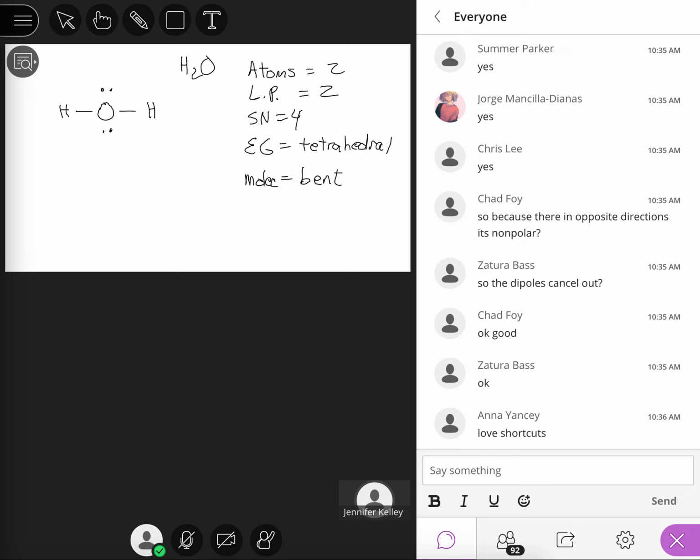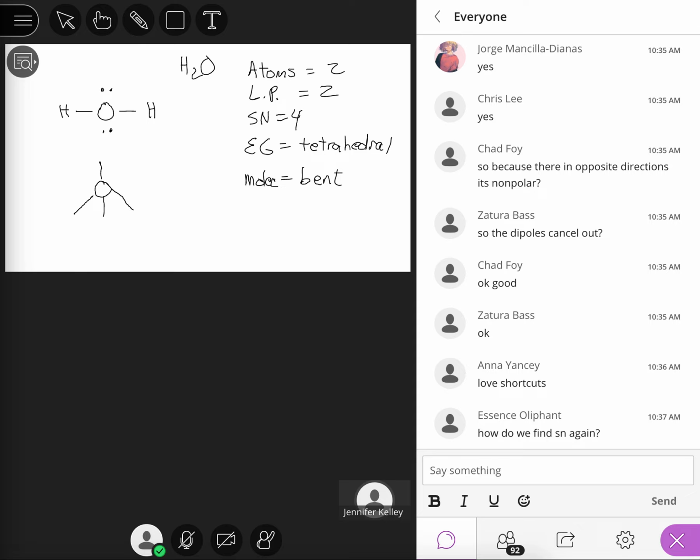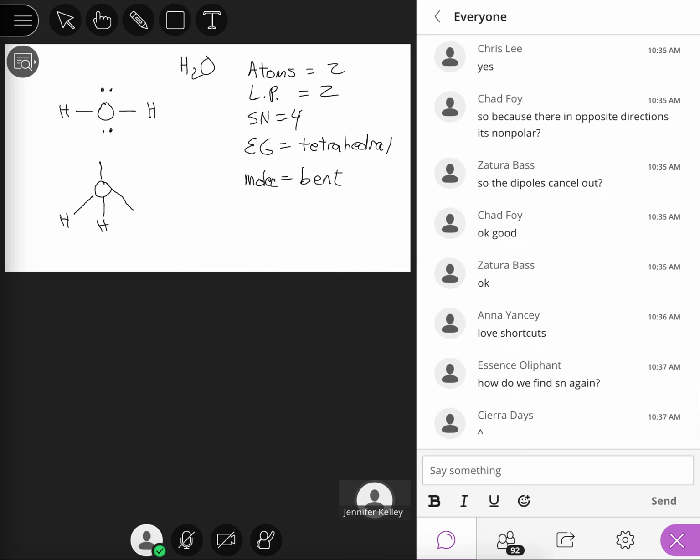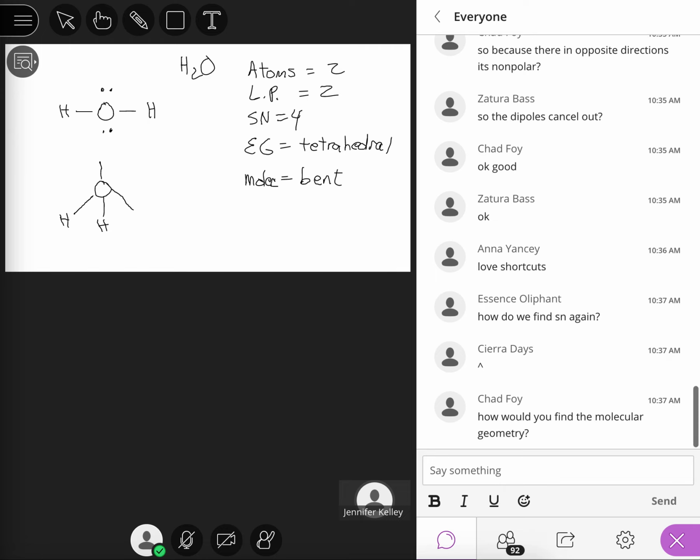So what that means is you have the oxygen, and generally with something tetrahedral, it looks kind of like this. And so you've got an H here, and an H here, instead of little lines there.